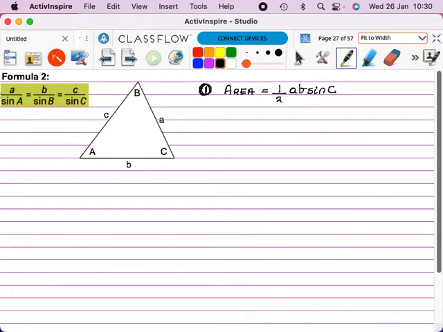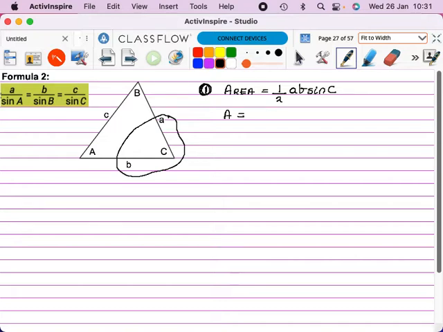Now, what you've got to remember is it's a relational formula. We can start off with it by using what they've used in the formula, which is basically the angle C. And so therefore, using this formula, I know that the area is equal to what it is above.